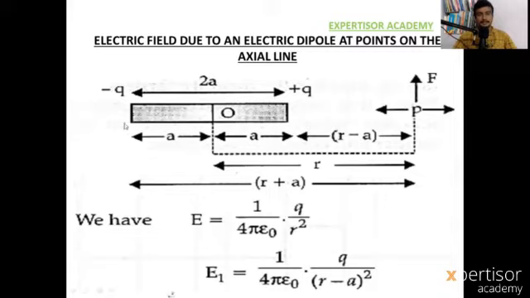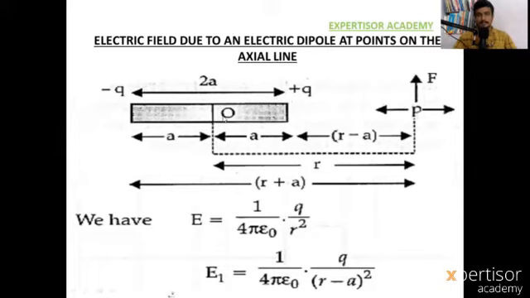Next, the distance between minus q and the point P is r plus a. So this is the information in this diagram. The axial line is this one. In this axial line, we consider the point P. So at this P, what is the electric field?